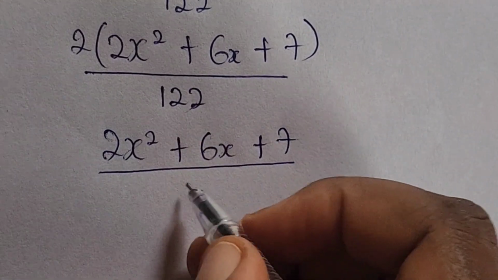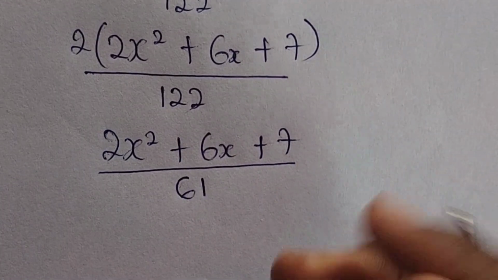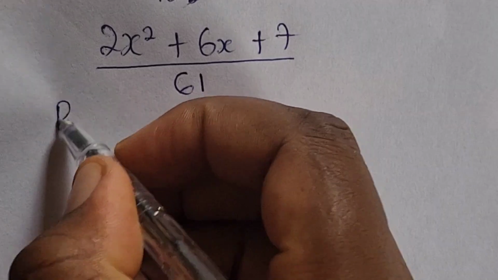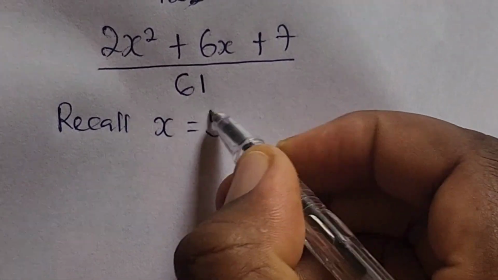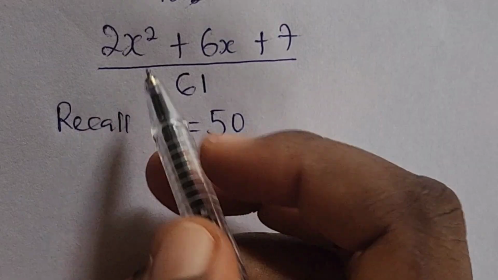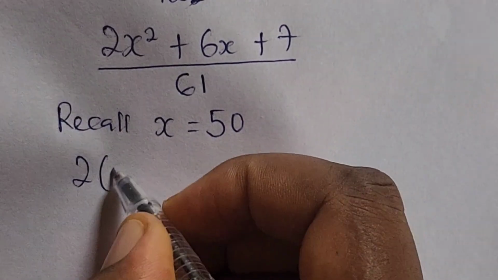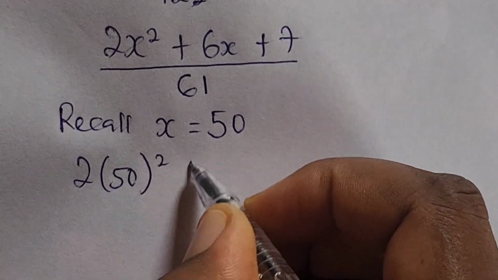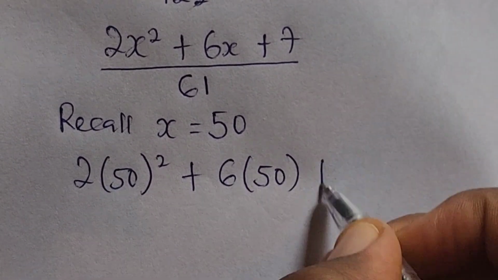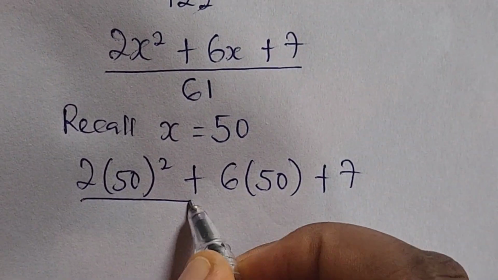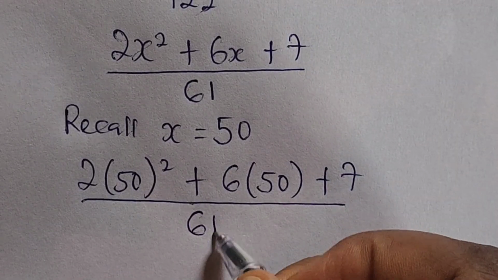We have 122 divided by 2 is 61. So from here, let's recall that our x is equal to 50. So when we input this value for x, we have 2 times 50 all squared plus 6 times 50 plus 7 all over 61.